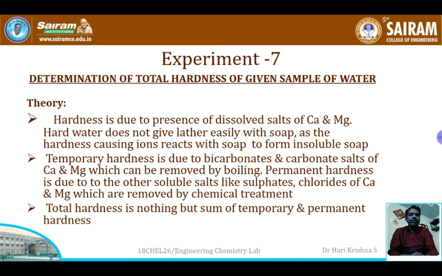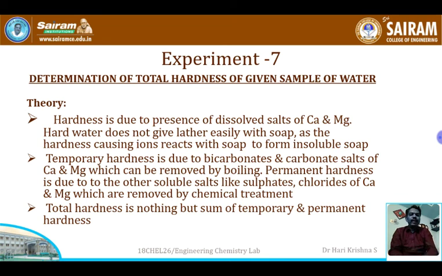That is because of temporary hardness. Bicarbonate will get converted to carbonate. You get deposition of calcium and magnesium carbonate on the walls and bottom of the container. So temporary hardness can be removed by boiling.